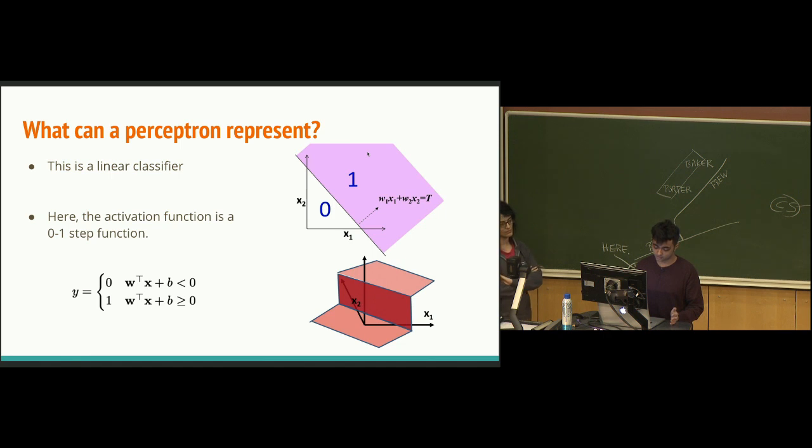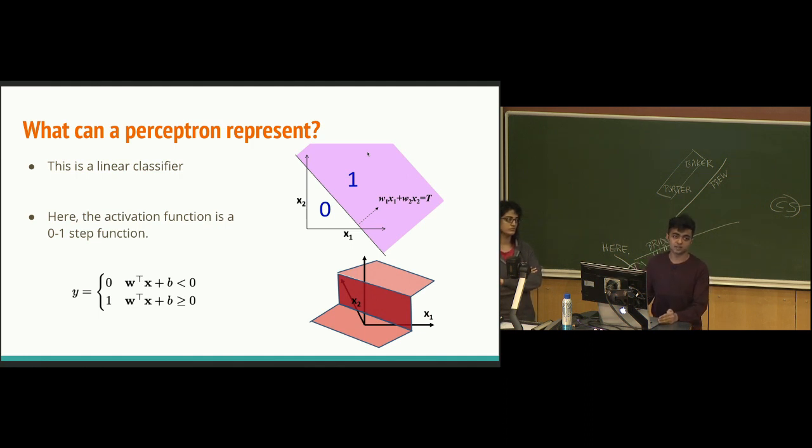Suppose here the activation function is a step function. So g of x would be 0 if x is negative and 1 if x is non-negative. Let's suppose that we have 2 dimensions, so we have x1 and x2. We can see that when w1 x1 plus w2 x2 plus the bias is 0, that's the equation of a line in 2 dimensions.